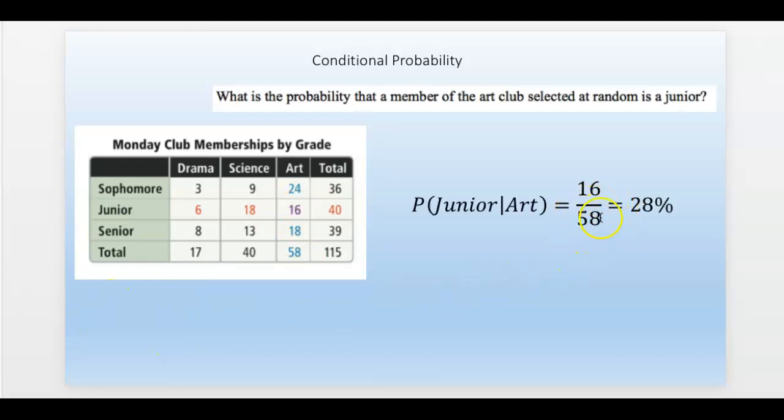All right, 58 is on the bottom, 16 is on the top. And guys, this might help you. The probability of selecting a junior given that they're in the art class. Think of this line right here, this given, as the fraction bar, and just turn it up like this. The art goes on the bottom, and of those 58, how many of those are juniors? The junior goes on top.